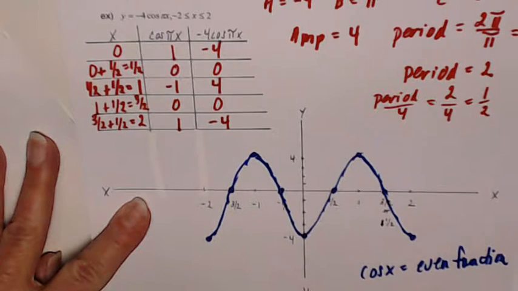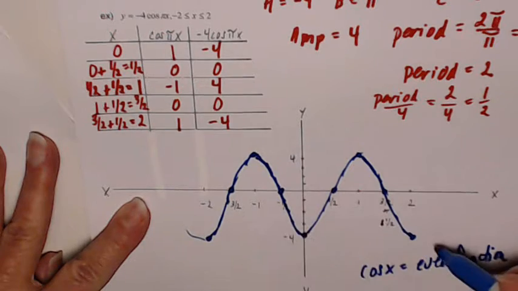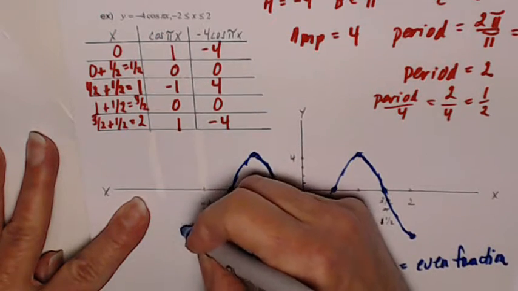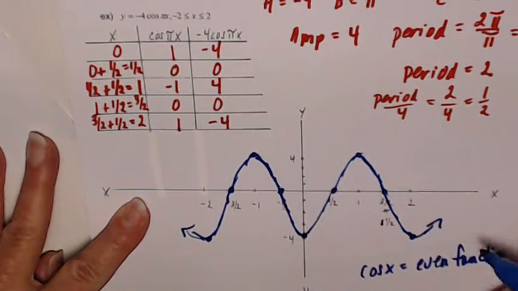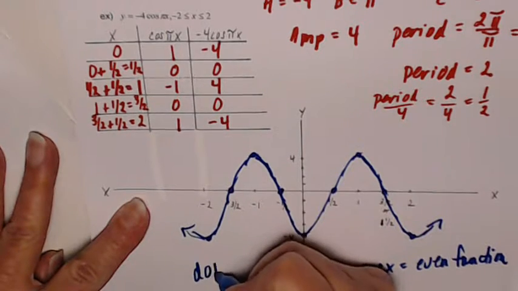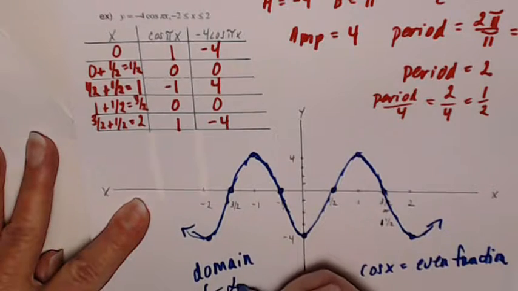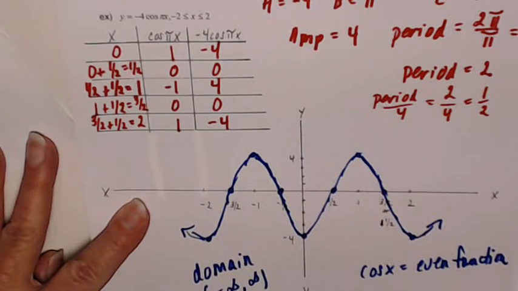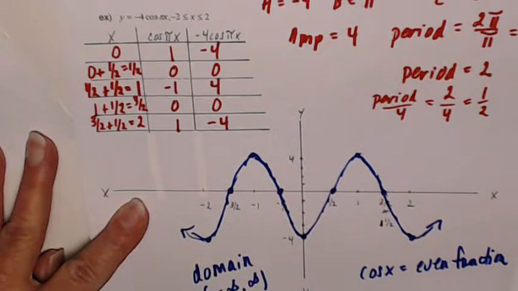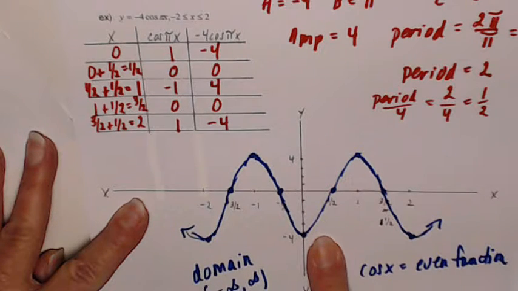The other thing, I haven't continued this, but this would continue on. So let me do that with little arrows here so you could see that the domain of our cosine function is going to be -∞ to ∞. And our range here is not the usual -1 to 1.